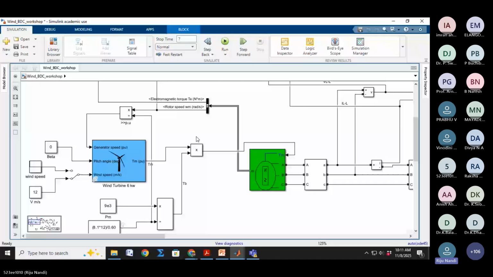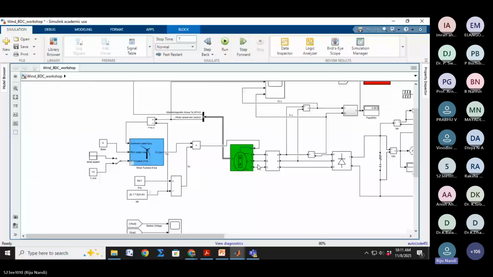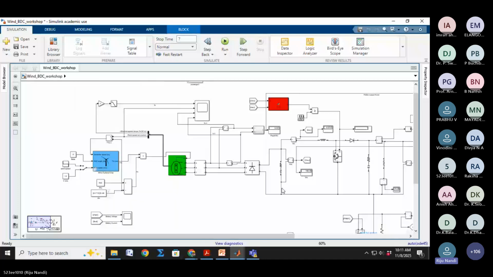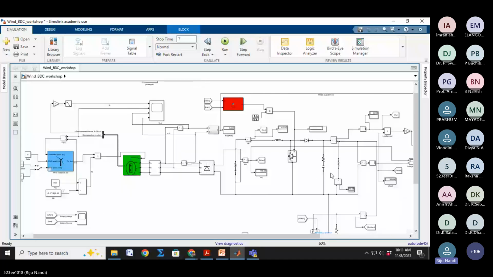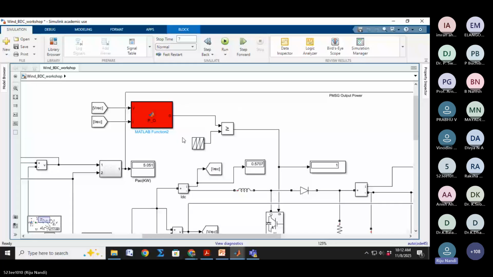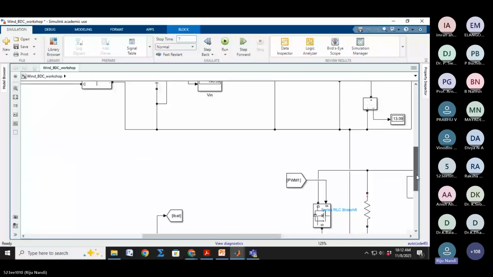There's a rectifier also. After the PMSG, the 5 kilowatt has come, and the 5 kilowatt is put into the boost converter. From that boost converter I got near about 4.5 kilowatt. This is the MPPT technique I have used for the wind PMSG system. Let's see.